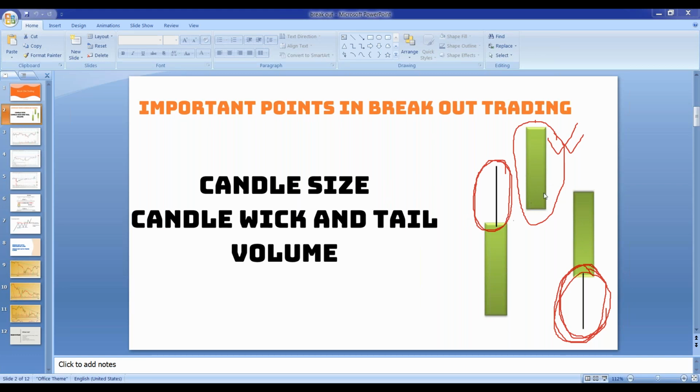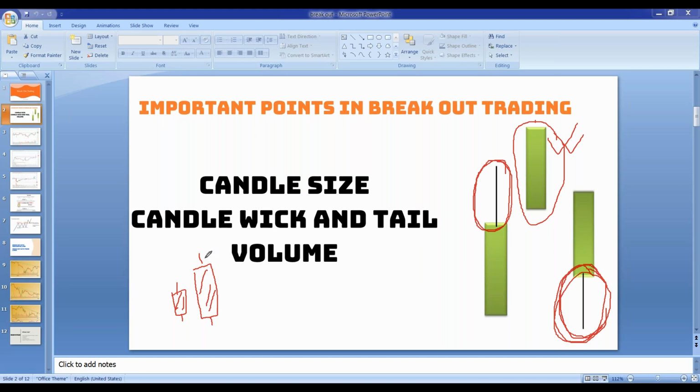So as of now you have to understand three things: wick, tail, and the candle size. Now suppose I draw a candle with a size of this one, and I draw a candle with a size of this one, and both candles are red candles.